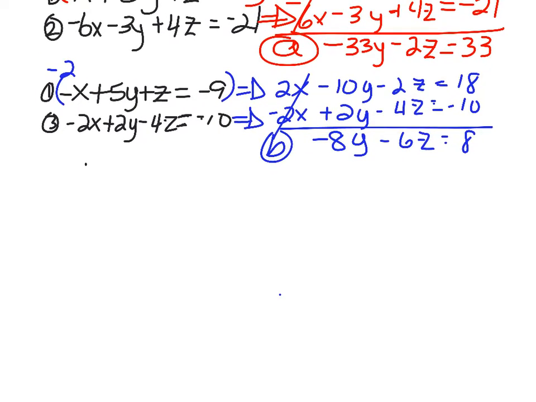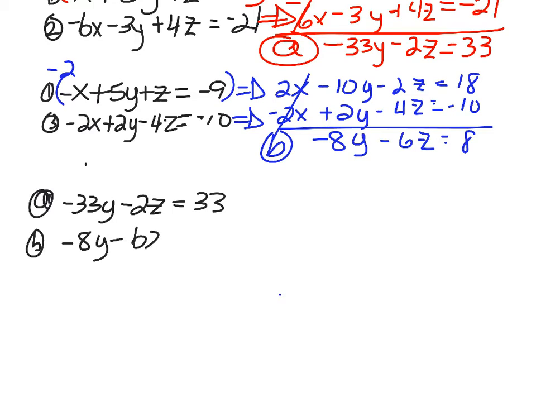So now I'm going to take equation A and B and put them together and solve them. Okay, so A is negative 33y minus 2z equals 33. And equation B is negative 8y minus 6z equals 8. Okay, so what I'm going to do is I'm going to multiply the top equation, equation A, by negative 3, so I can cancel out the z's. So I have positive 99y plus 6z equals negative 99.